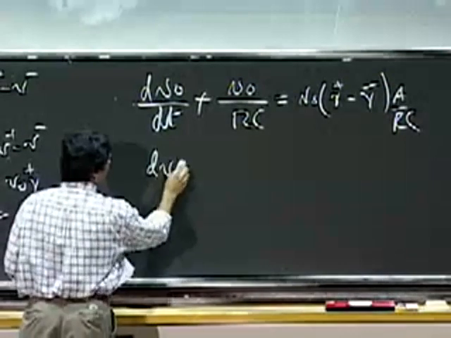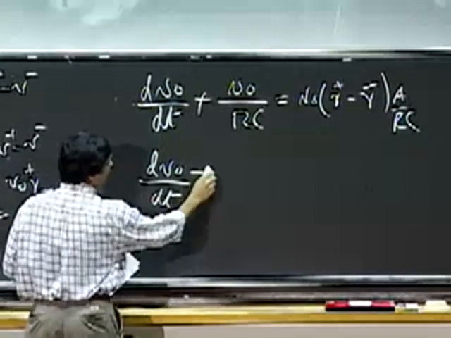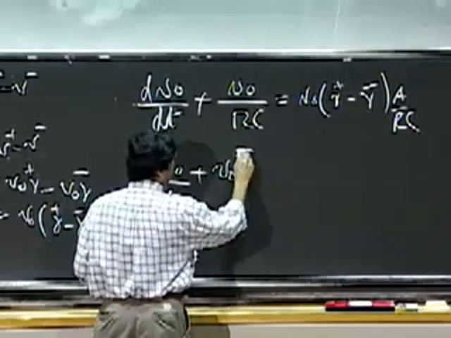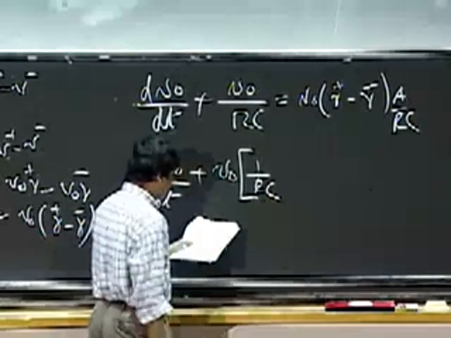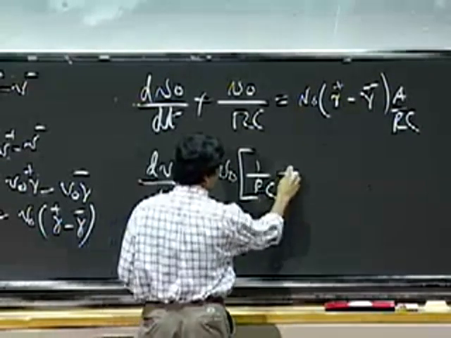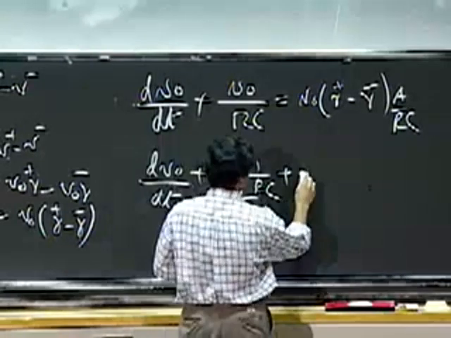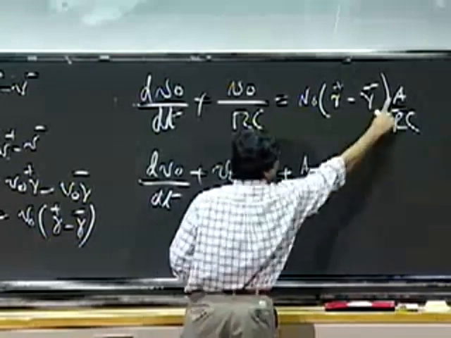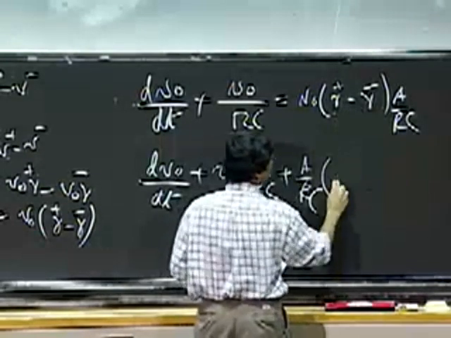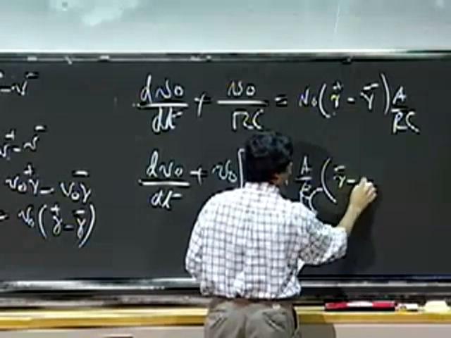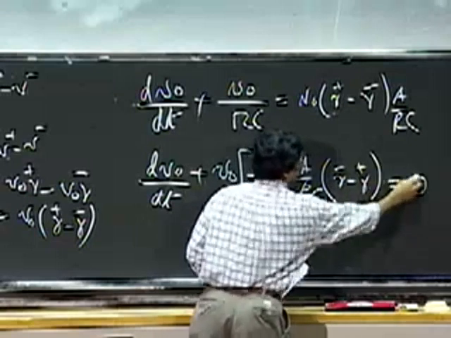So finally, collecting all the V naught terms, I get V naught times 1 divided by RC plus A divided by RC. I got a plus sign here, so I'll reverse these two: gamma minus, gamma plus, equals 0.